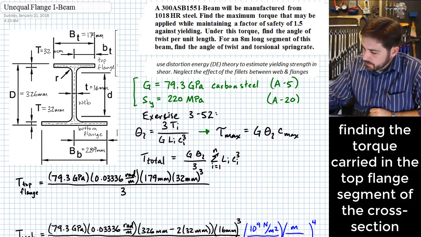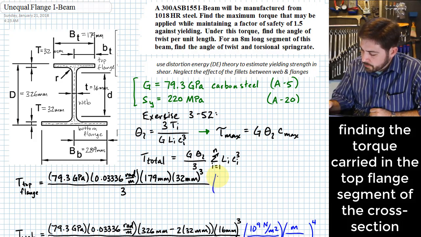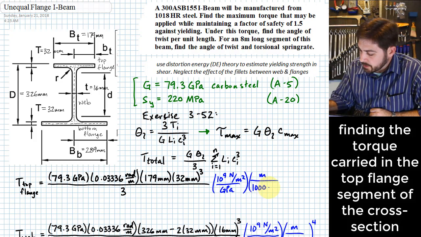All right, again, we apply the same conversions that we did before. 10 to the 9th newtons per square meter, that's a gigapascal. We also have a meter is 1,000 millimeters, and that is taken to the 4th power.